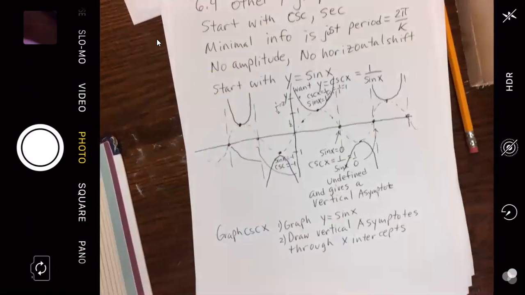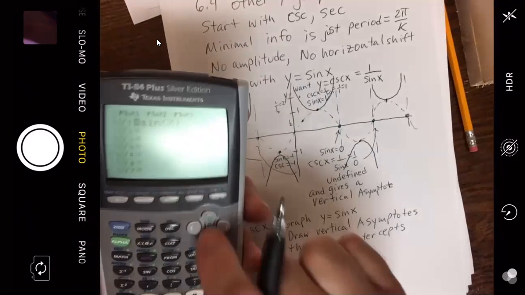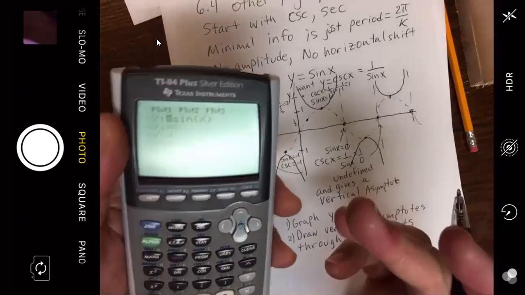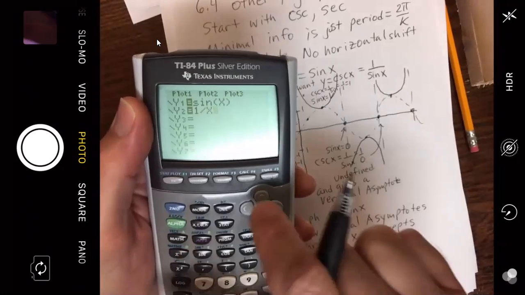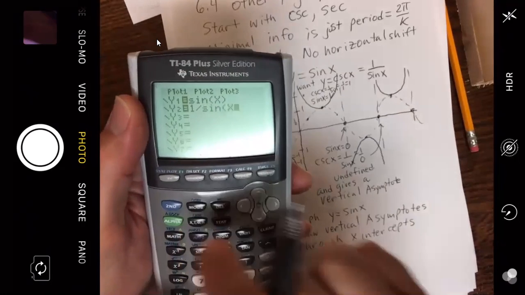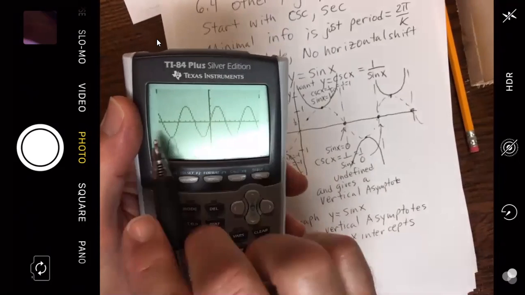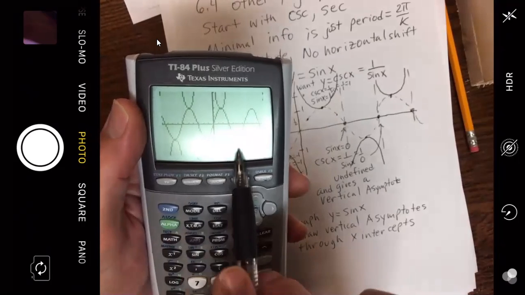Show you that on the calculator. So keep the sine so you can see how they're matched, and there's no cosecant key. So you've got 1 divided by sine of x. Graph. So your sine is still there. Now notice how every peak flips up, every dip flips down.